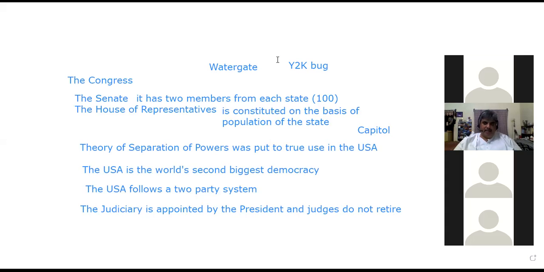K is kilo, thousand, and kilo, according to the Greeks, is 1,000.